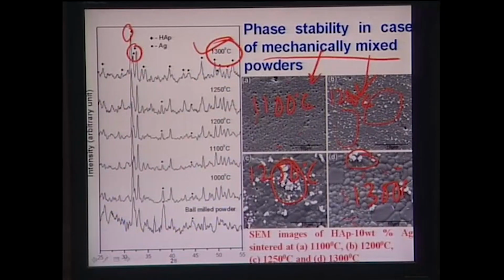Do you notice that bright silver phase, clearly distributed in the grain boundary region? But at 1200 degrees Celsius, the silver is homogeneously distributed as individual particulates, not essentially at the grain boundaries, but at different microstructure locations within the grains.